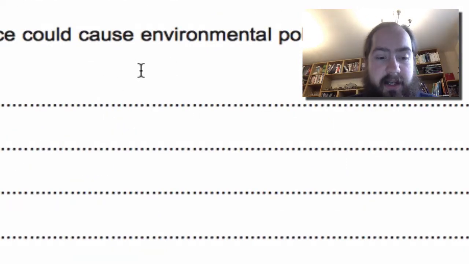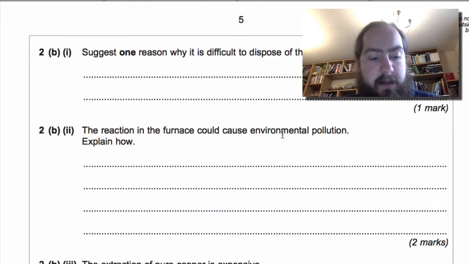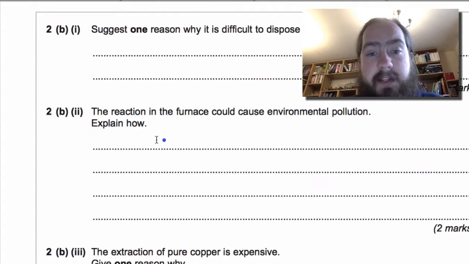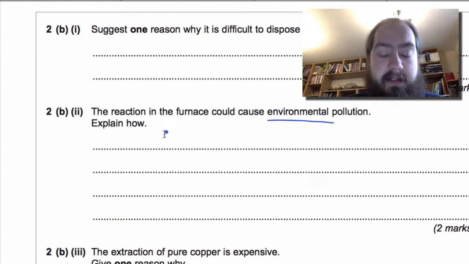Now, sulfur dioxide causes environmental pollution, and the pollution it causes is acid rain, which is one of our types of environmental pollution that we have to learn about in C1.